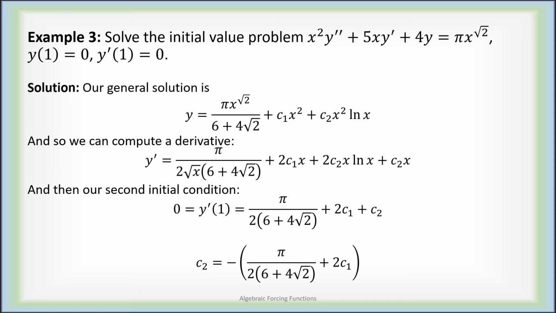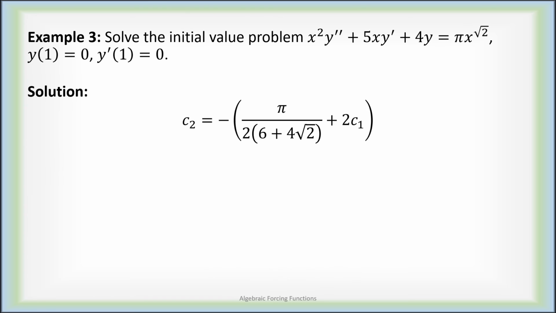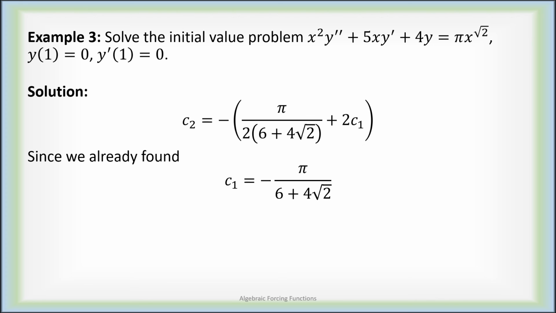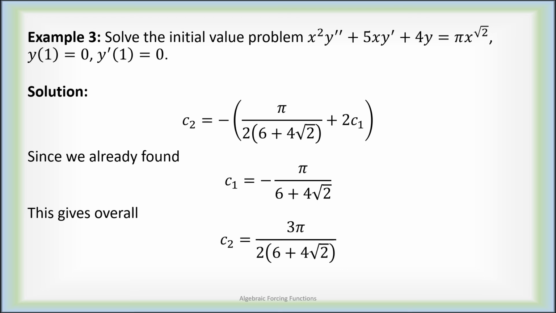Now, c2 is expressed in terms of c1, okay? But we already found a value for c1. So with c2 being equal to this expression right here, and we already found that c1 is negative pi over (6 plus 4 root 2), overall, this gives that c2 must be positive 3 pi over 2 times (6 plus 4 root 2).